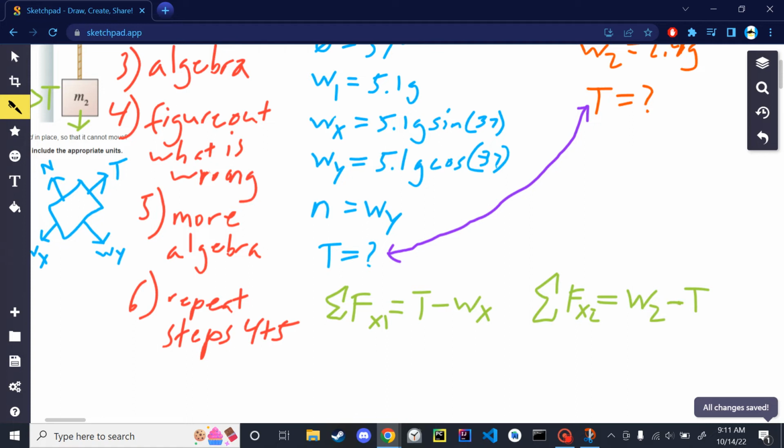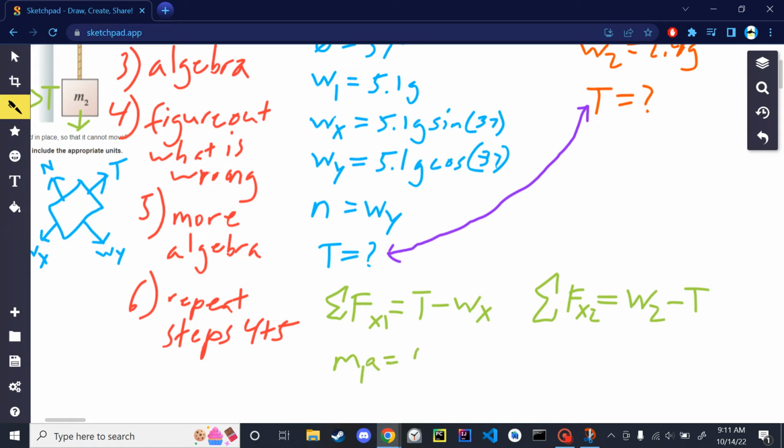That means they'll have different accelerations. But the forces acting against this string are going to be the same. And that means they'll cancel out? Maybe. Wait, did I already do this method?